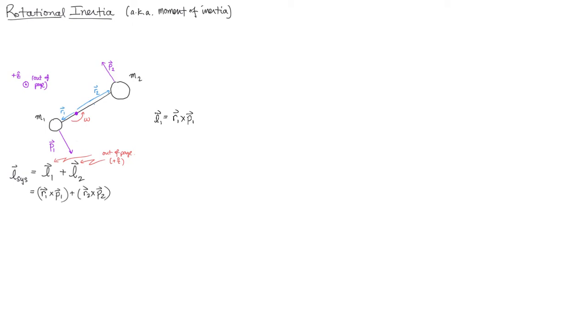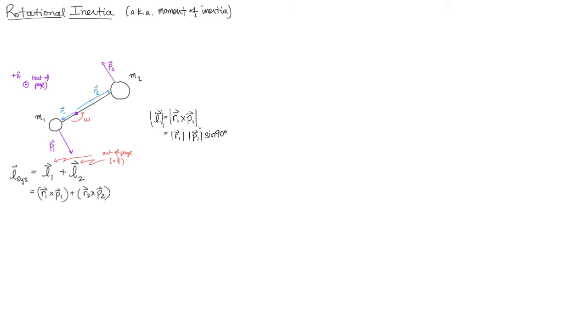So we already know the direction, so all we really need at this point is to figure out the magnitude. The magnitude of that cross product is the magnitude of R1, times the magnitude of P1, times the sine of the angle in between them, but our position vector is perpendicular to our momentum vector.